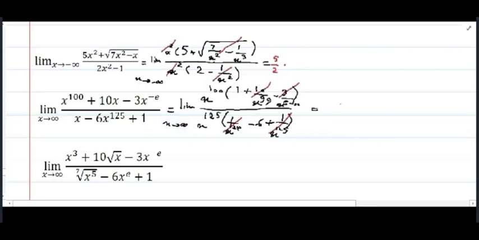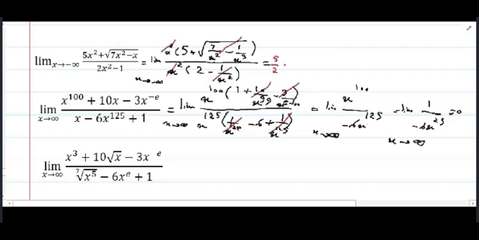Here it is 1 over minus 6 times x^125. If I subtract 100 from 125, I have degree 25 here and a number over infinity, so the limit equals 1 over minus 6 times x^25, which is equal to 0 when x approaches infinity. Even so, I could directly use the rule: the largest degree in the numerator is 100 and in the denominator it is 125.